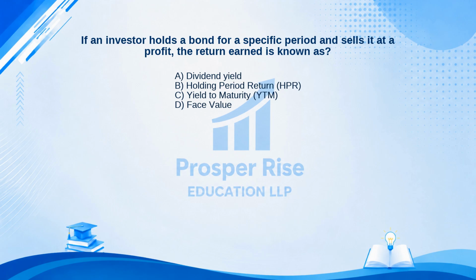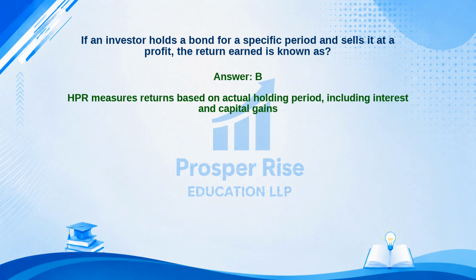Take a moment to pause the video and decide. The correct answer is option B. Let's see why. HPR measures returns based on actual holding period, including interest and capital gains.